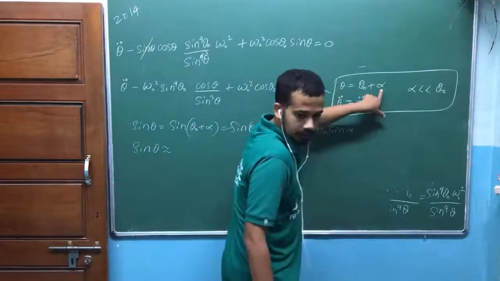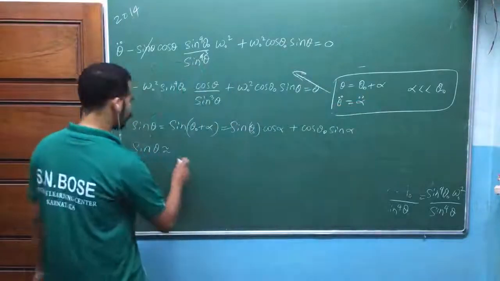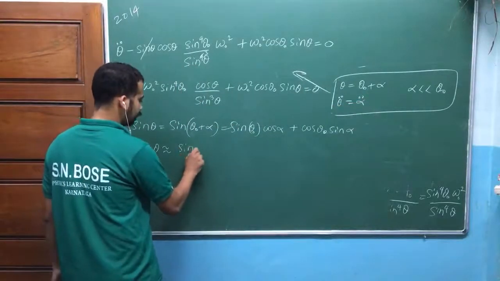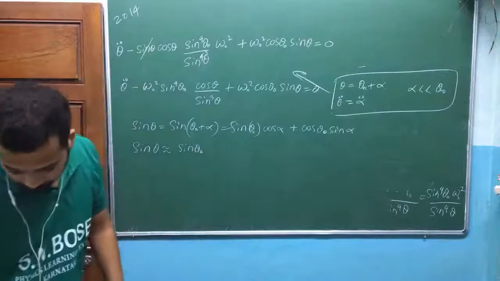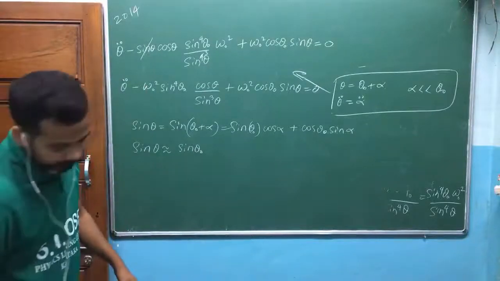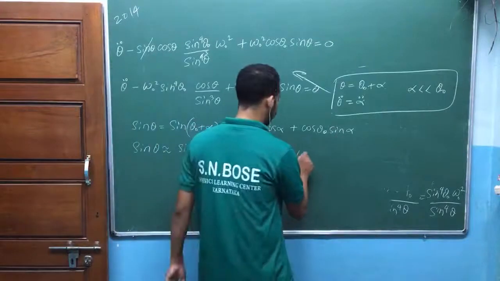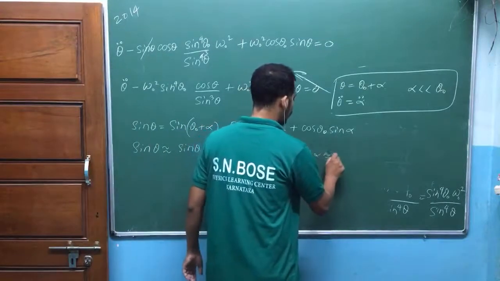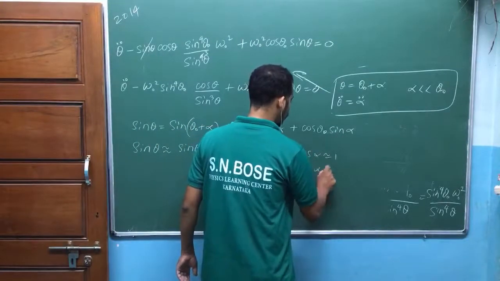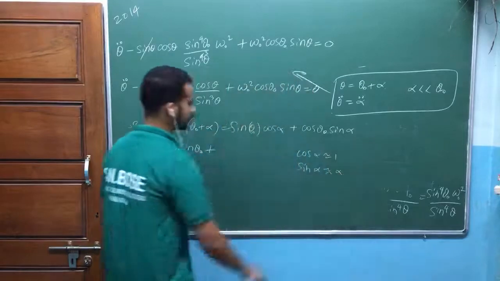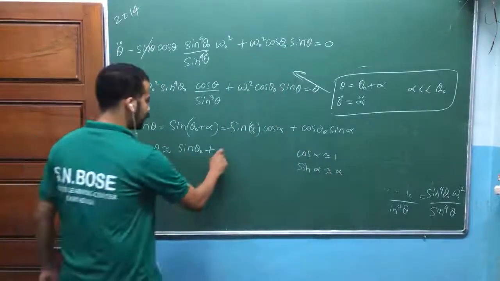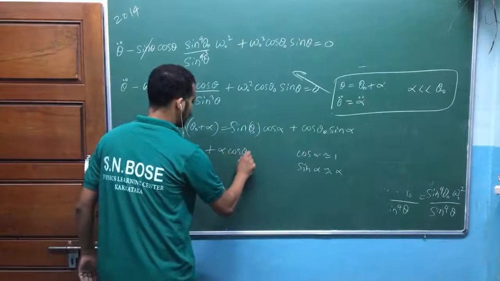That's why this is going to be sin theta naught plus, with sin alpha nearly equal to alpha, alpha cos theta naught.